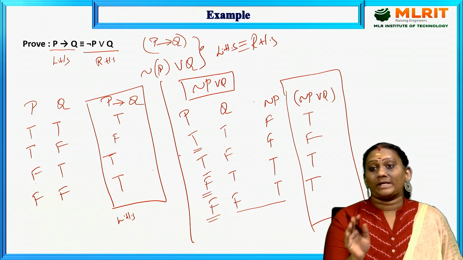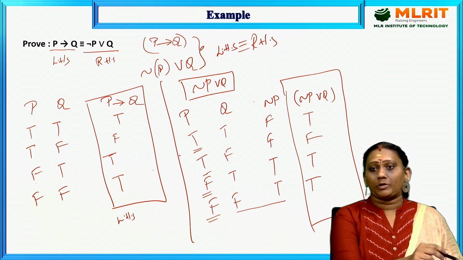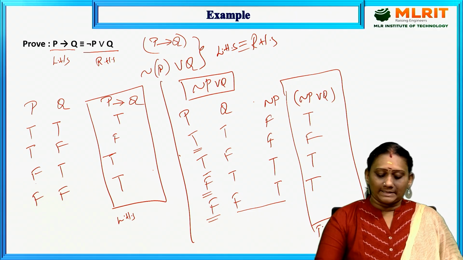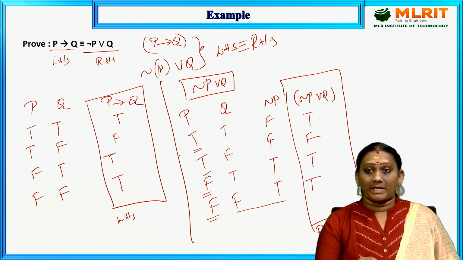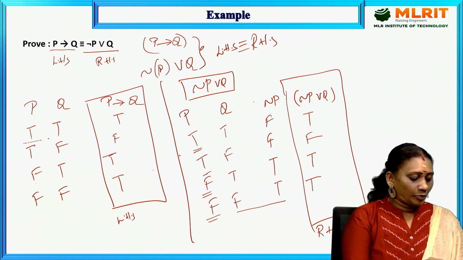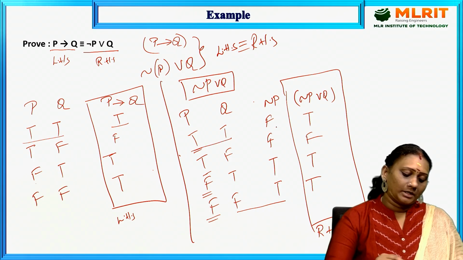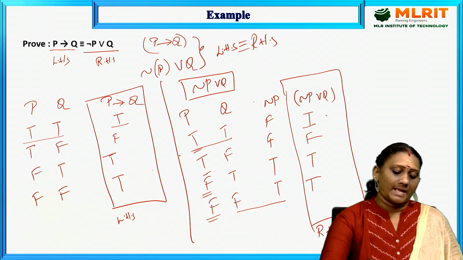To check whether these two statements are logically equivalent or not, we look at the last column of these truth tables. This is the LHS part and this is the RHS part. Let us see whether they match for the different combinations. For true and true, the output is true, and here for true and true, the output is true. Yes, this is matching.